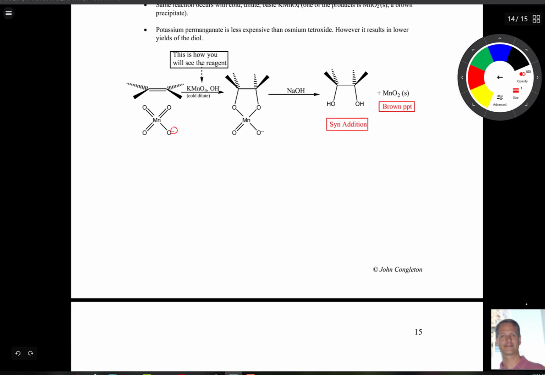And we see an electron flow where we come down to the oxygen and put some electrons on the central atom, and then we're going to come over here and grab a hold of a carbon on the other side. So that gives us this. So that side of the molecule wants to stay away from the double bond because it's bearing a negative charge, and the carbon-carbon double bond is the nucleophile.